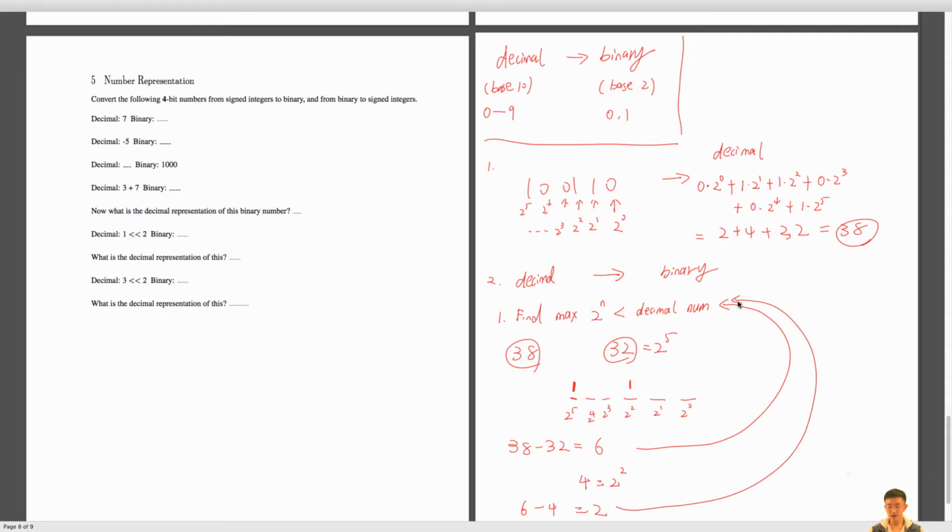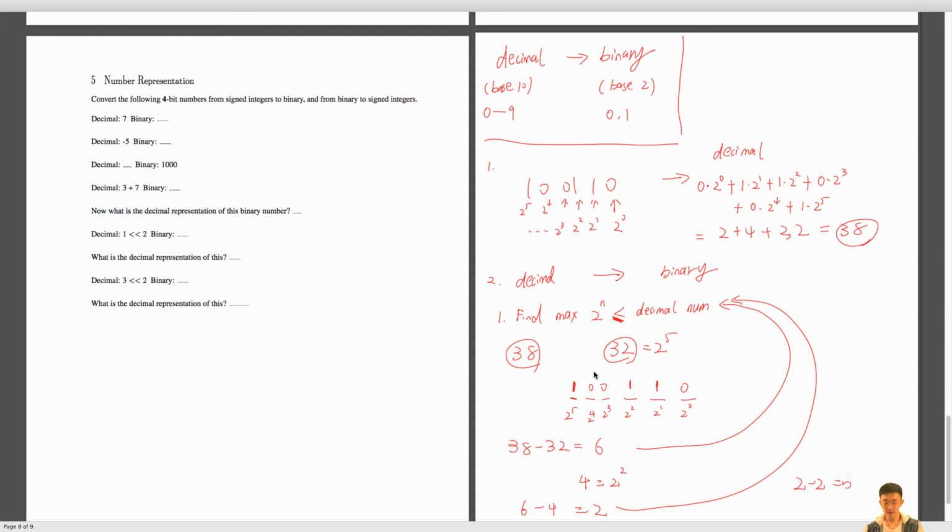The largest number that is smaller than or equal to 2 is just 2. Remember, this is smaller than or equal to. Then we subtract 2 from 2, we get 0. We are done. The moment we reach 0, we have a couple of 1s here, and then we put 0 on all the other digits, and that gives us the binary representation.